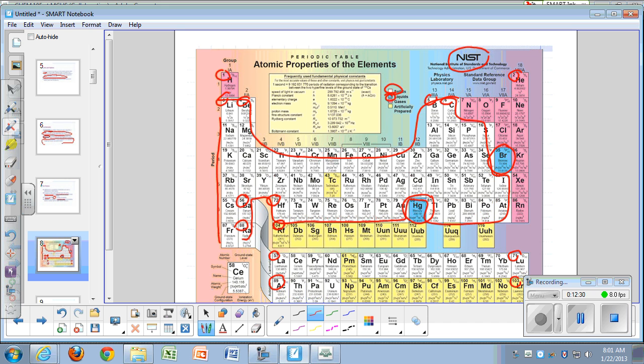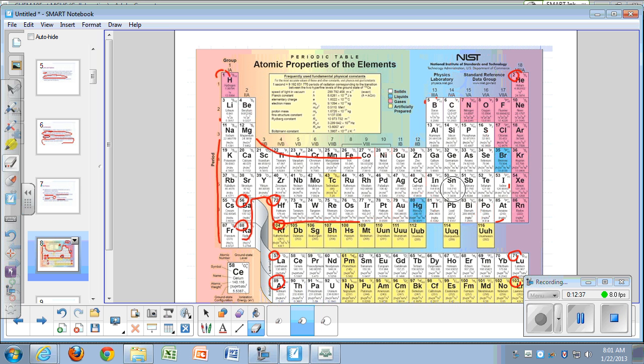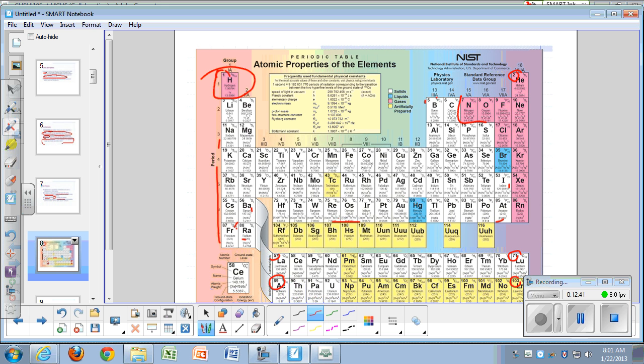And then the ones that are color-coded here in red, you find them in nature as gases. Okay, so hydrogen, nitrogen, oxygen, fluorine, chlorine, and what we call the noble gases, you'll find them as gases in nature. And you'll notice here this yellow color coding. These represent elements that are not observed in nature. These are only elements that are created in the laboratory. So they're artificially prepared.